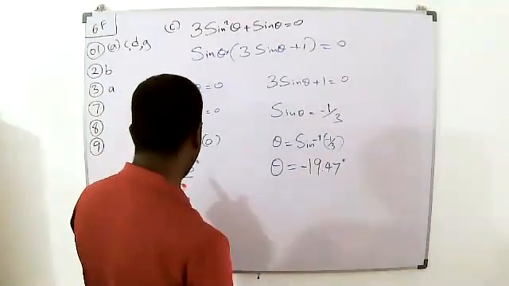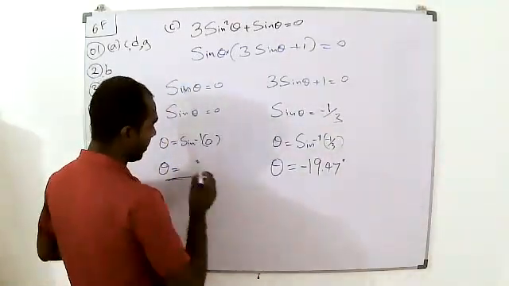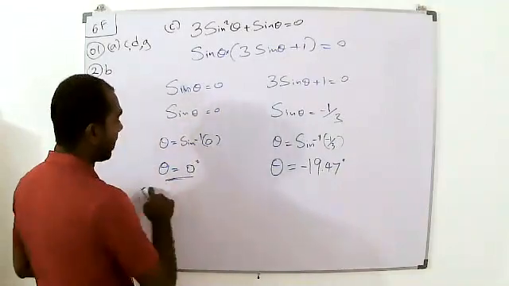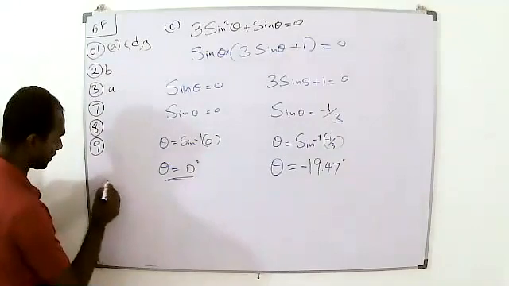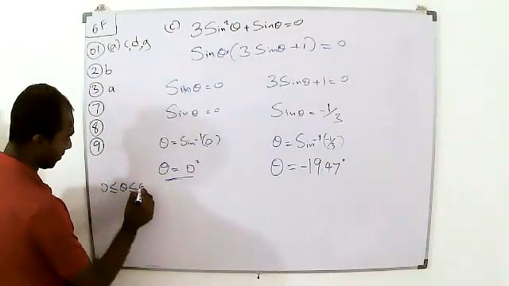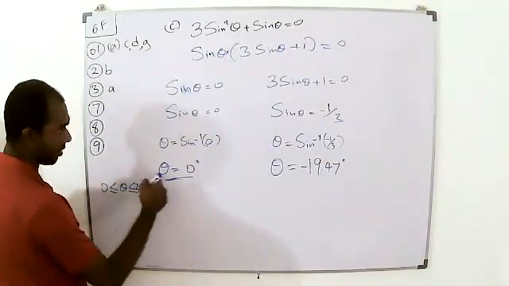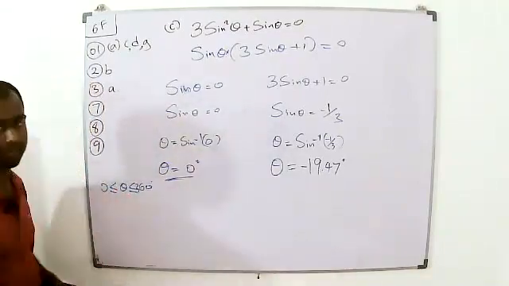These are the two values you get from the calculator. Can we accept those two? The first is acceptable because it is in the given range. What is the given range? 0 to 360. They have told us theta is between 0 and 360. This one is acceptable. This one is not acceptable.